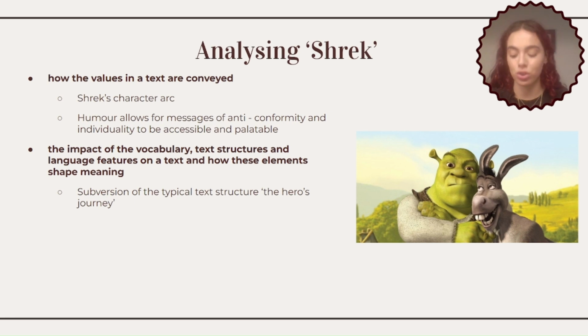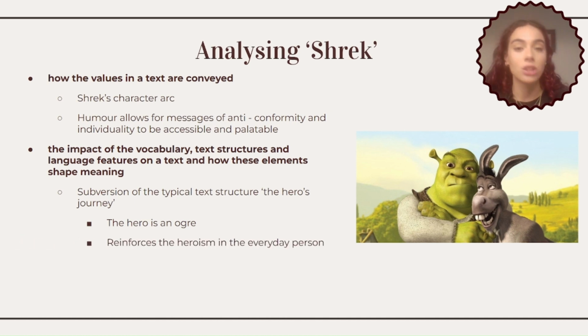This is a structure that has existed since ancient times, okay? This is a subversion of it. The hero's journey is quite clunky in comparison to the way in which it's presented in other texts. The hero in this case is an ogre, not a handsome man. This is an ogre, okay? That is odd for the hero's journey.